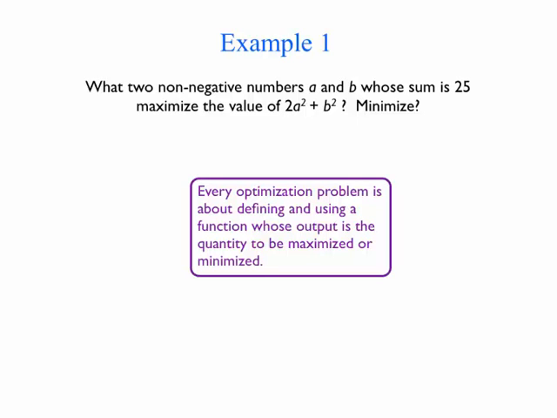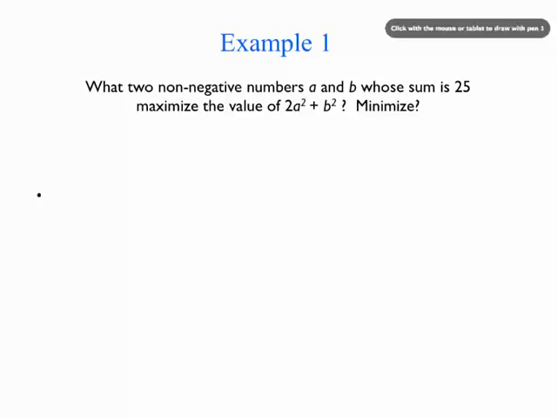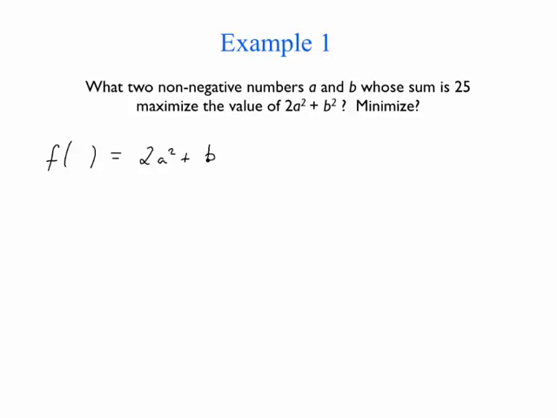All right, so what do we need? We need a function. f of, so the question is, f of what? And the output is the thing we're trying to maximize or minimize. Well, what expression are we trying to maximize or minimize? 2a squared plus b squared. Okay, so that's a great start. It's like they're giving it to us, right? They gave us the hardest part.